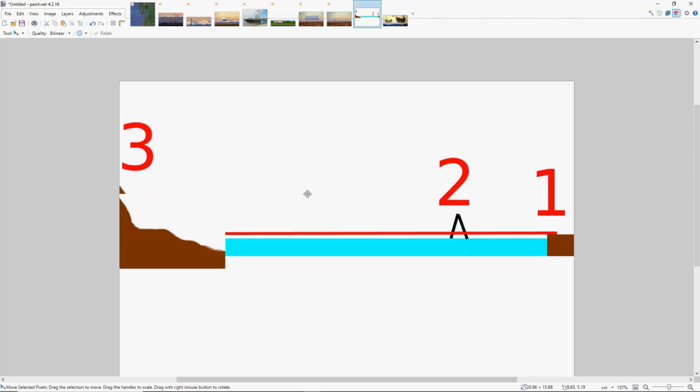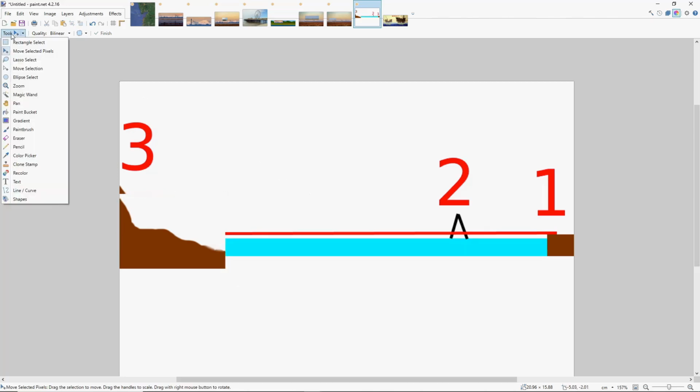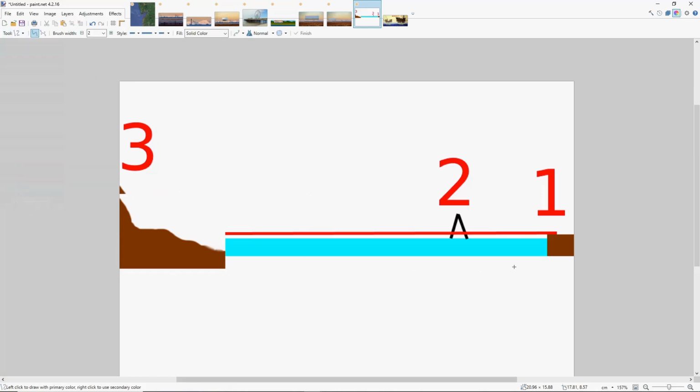So what we can demonstrate is that with this straight line, going from point 1 here, straight line, through point 2, all the way over to point 3, what we're actually seeing is half the mountain is missing.